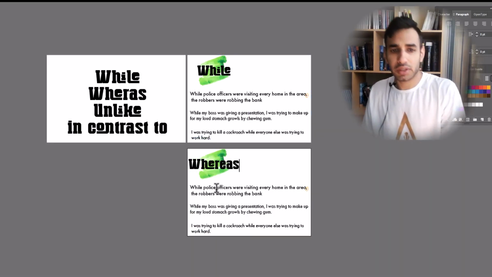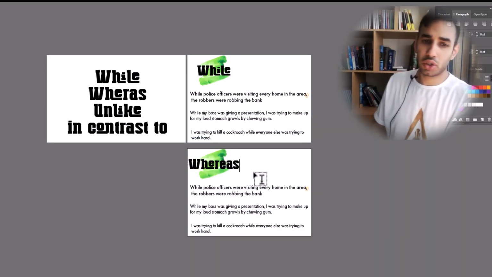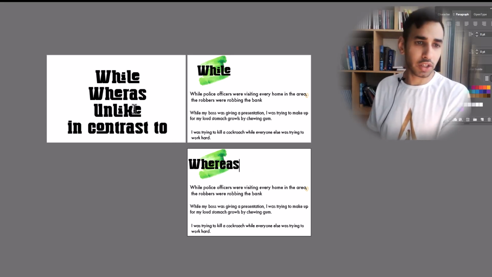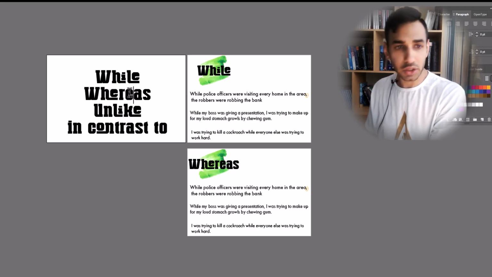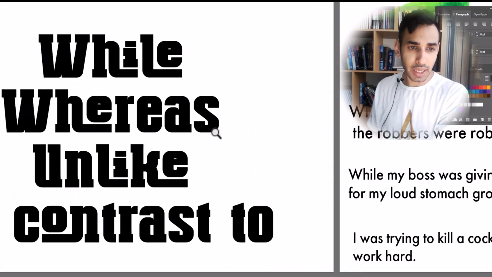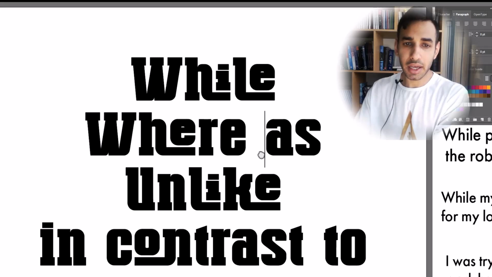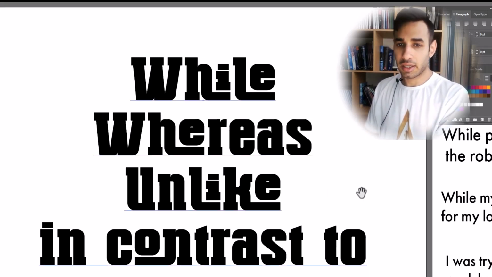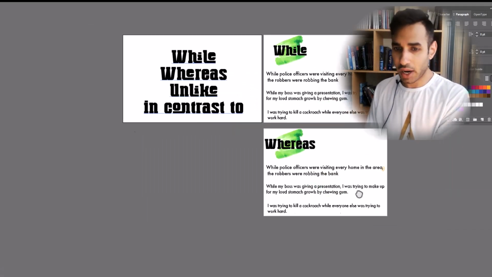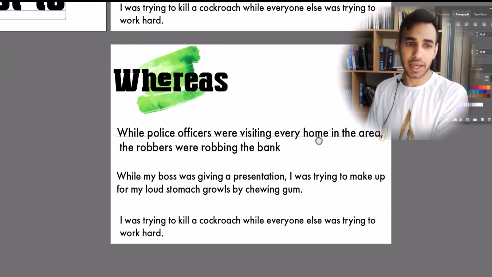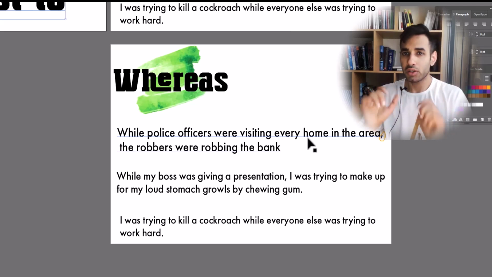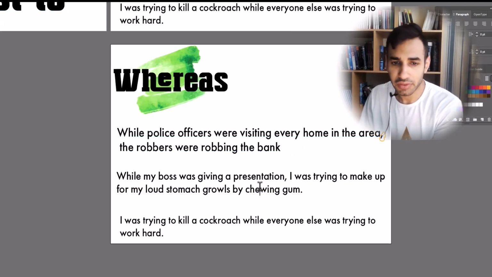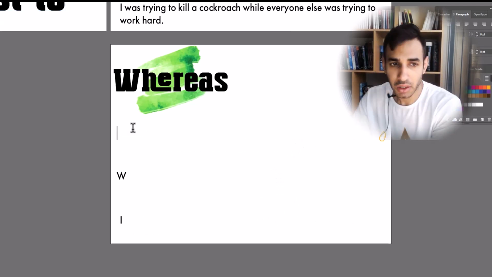Again, we use whereas to show a contrast between two situations or actions. Oh, I forgot an E here, sorry. There was a spelling mistake here, whereas, which is now corrected. Whereas, okay. Past example, two different behaviors or actions.